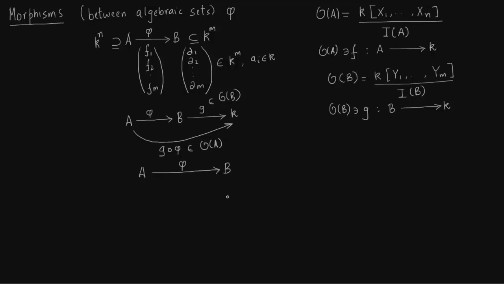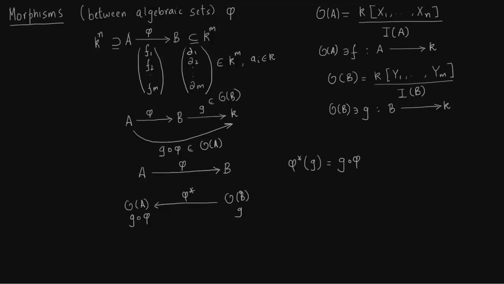Yeah, so if it was K^m2, then we would have f1, f2 to fm2. Correspondingly, you get a map between the corresponding rings of regular functions, where g in O of B is carried to g composed with phi. So this map you say is phi star. Now obviously you define phi star so that g is carried to g composed with phi.